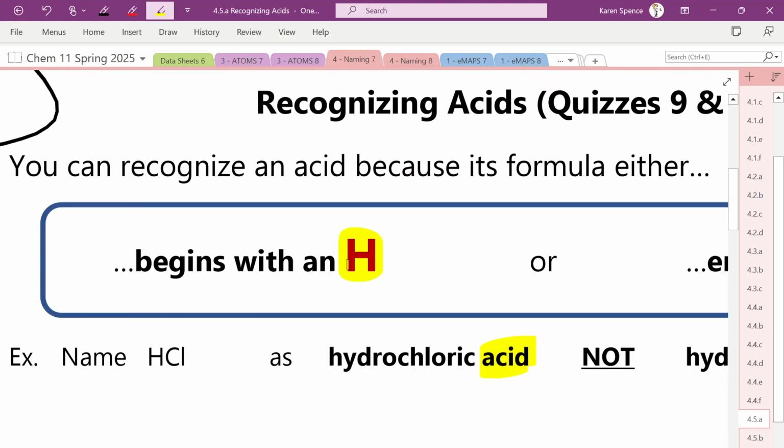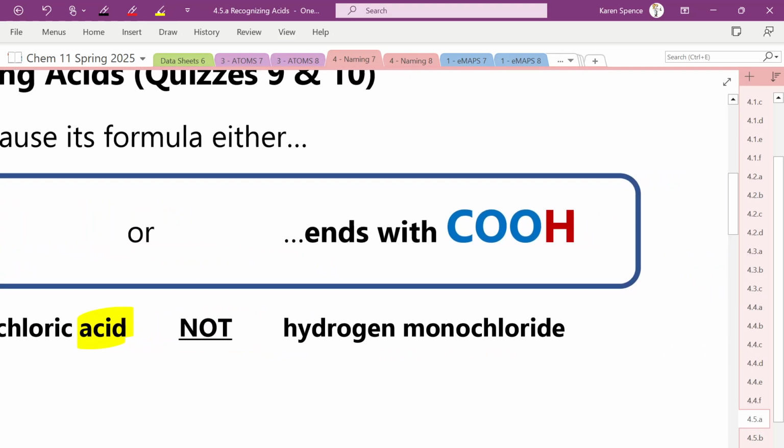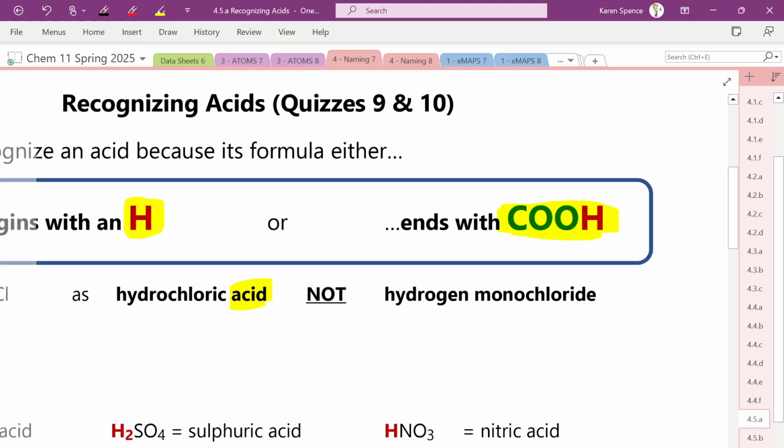It will begin with an H or it will end in COOH, okay? So either it begins with an H or it ends in COOH. But you'll notice in both cases there is an H. It is the H plus ion that makes it an acid.